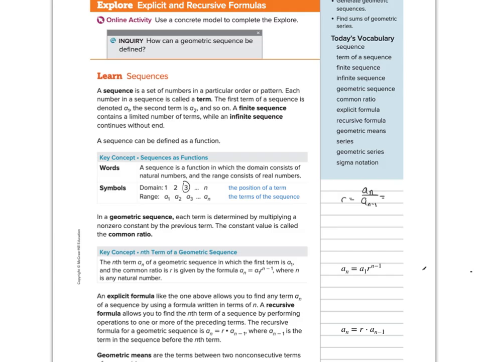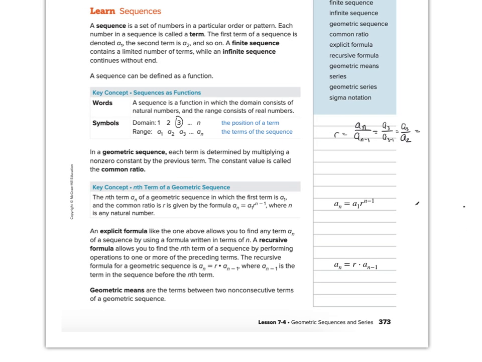Let's say we start with 3. That would be a_3 divided by a_(3-1), which is a_3 divided by a_2, which is nothing more than taking one number and dividing it by the previous number. Okay, that's what we're doing, and we can calculate the common ratio. So that's what we're going to talk about, creating a common ratio.